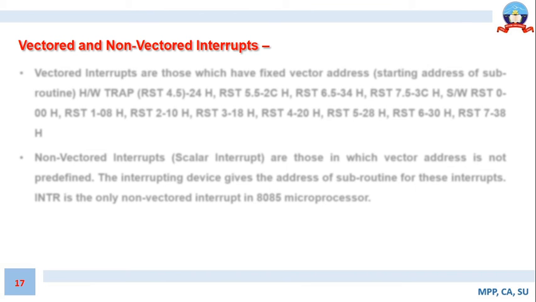Now another way of classifying interrupts is vectored interrupts and non-vectored interrupts. Vector basically means address. So vectored interrupts are interrupts with which we have the address of the ISR associated. So whenever a processor is interrupted by a vectored interrupt, the processor knows where the ISR of the interrupt lies.